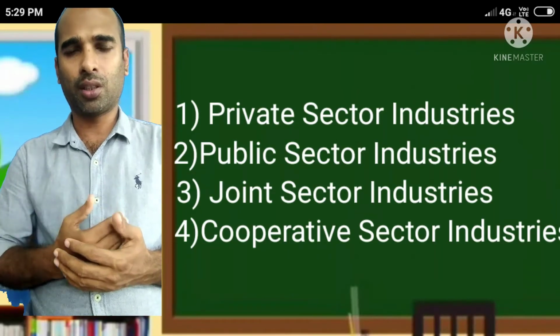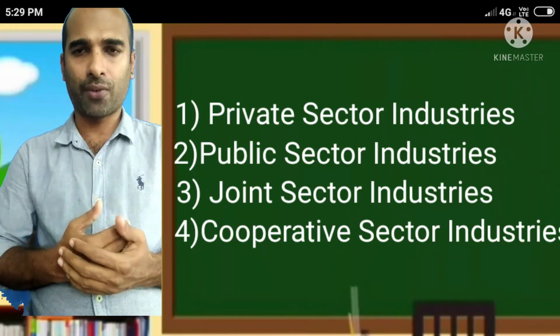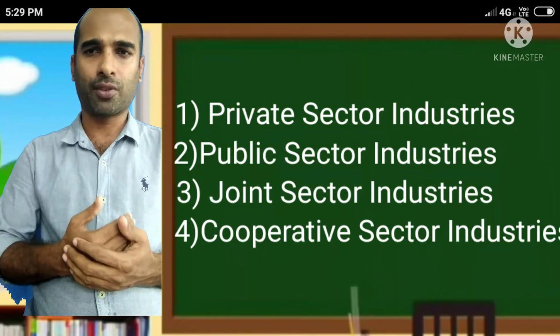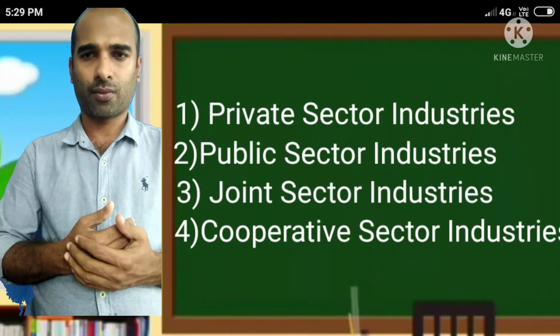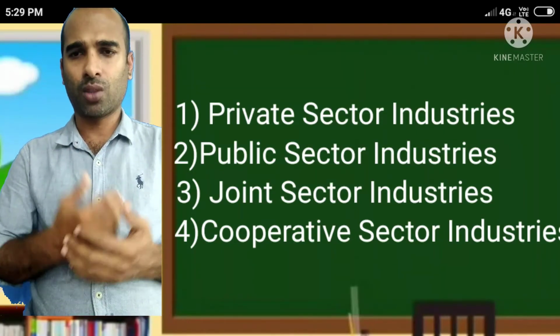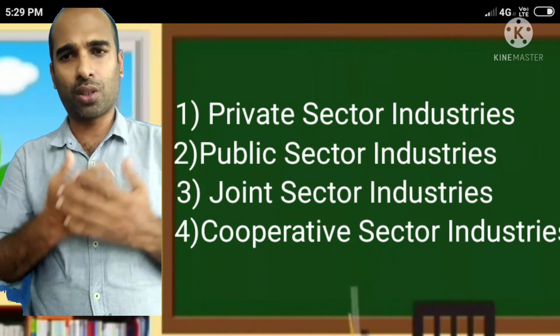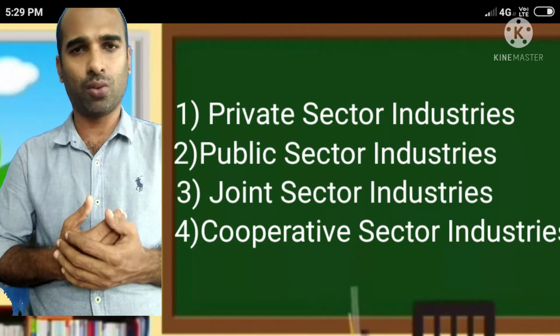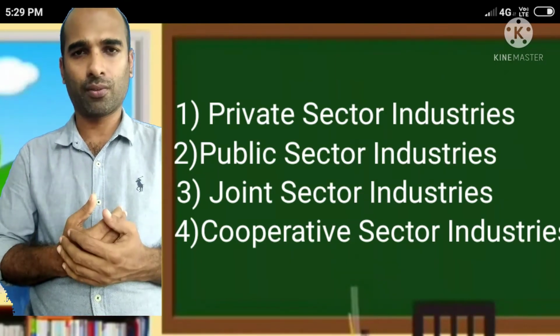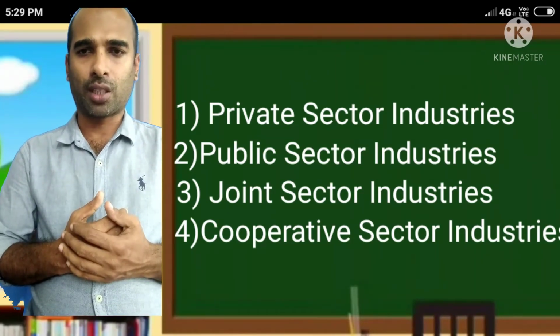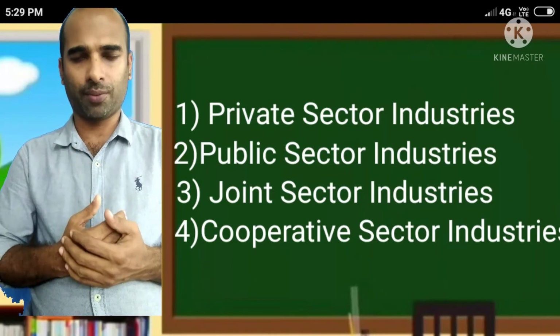So, this is different from the private sector industry and the public sector industry. In joint sector industry, it is owned and operated by both the government and private individuals or groups of individuals. Okay, what is the cooperative sector industry?